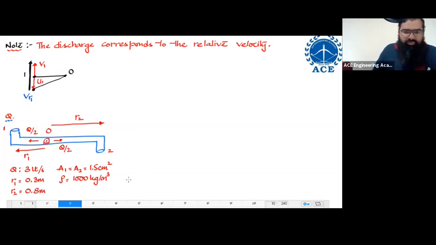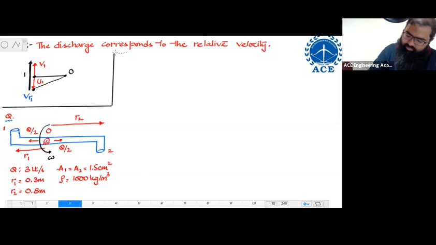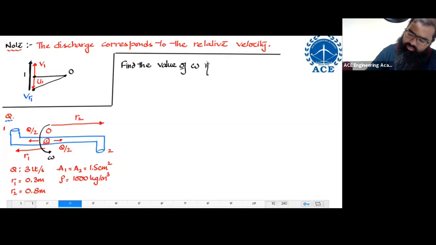After all this data is given to you, the question says that if this is rotating in this direction, find the value of omega if the net torque is 0.